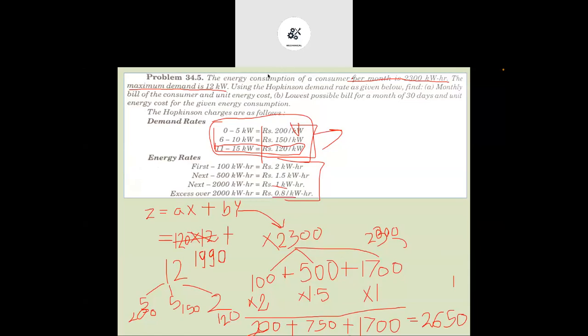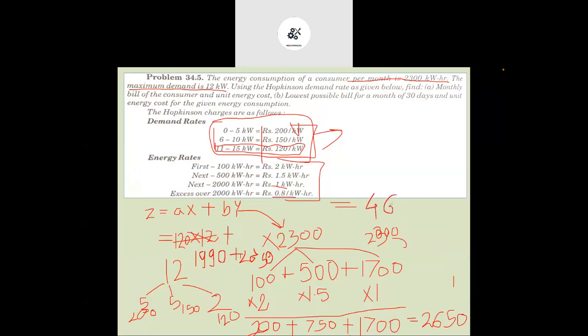Similarly, for the consumption also we have to carry out this calculation. We have to split up the total units into the different parts or the different ranges. Now we have to add this 1990 plus this 2650.